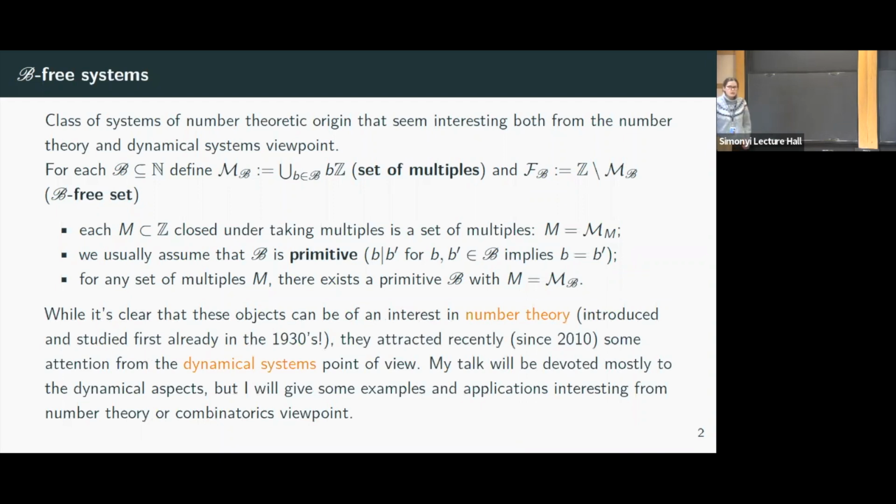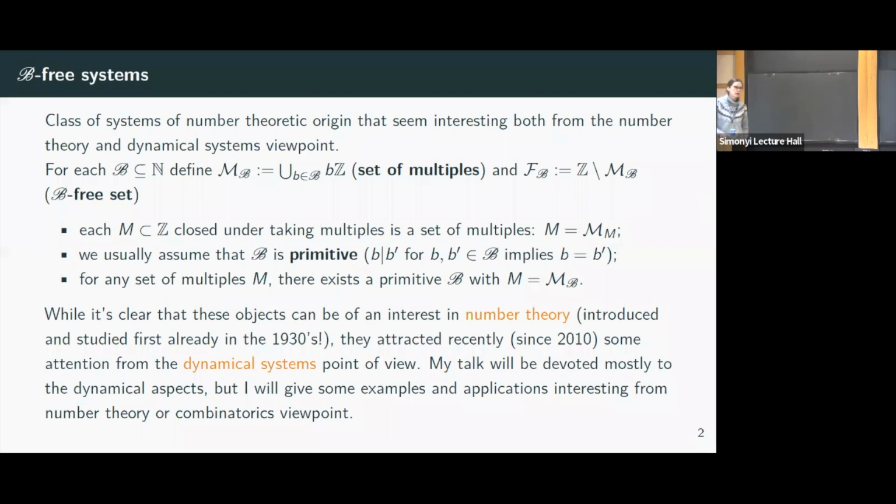Okay, so it's quite clear that these objects can be interesting for number theorists, just by their form. That's quite direct, and this happened already in the 1930s. So this is where the history of this subject started. But they attracted also some attention from the dynamical viewpoint, and this is rather recent.